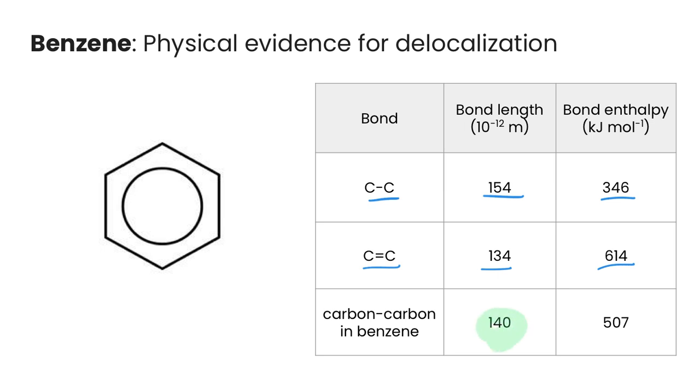So it's 140, which is between these two values, and its bond enthalpy is 507, which is between those values, meaning that the bond is between a single and a double bond, both in length and in strength. So that's some pretty compelling evidence for the structure of benzene.